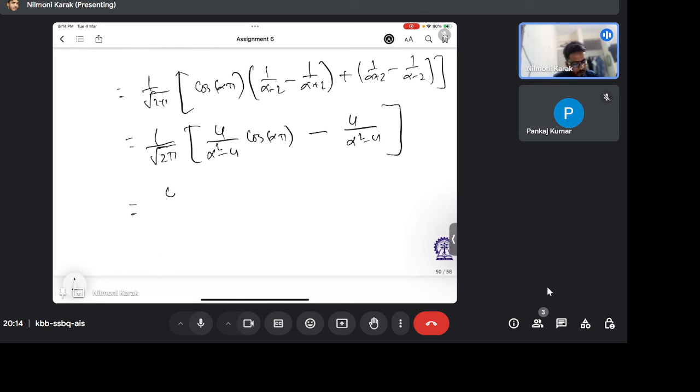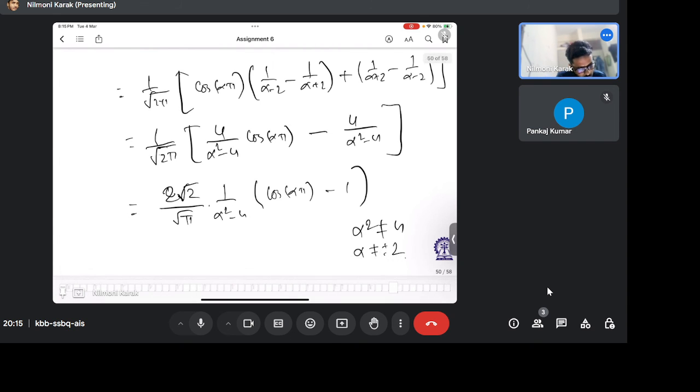So 4 by root 2 pi: root 2 and root 2, so 2 root 2 by root pi, and also 1 by alpha squared minus 4, times cos alpha pi minus 1, when alpha squared is not equal to 4, that is, alpha not equal to plus or minus 2.